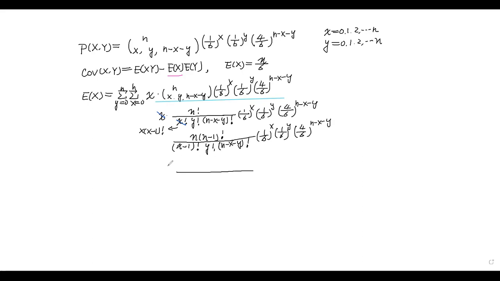Now take a look here. If I take the n outside, so the n comes here, then this is n minus 1 factorial, then this is x minus 1 factorial, y factorial. Take a look at the n minus x minus y.